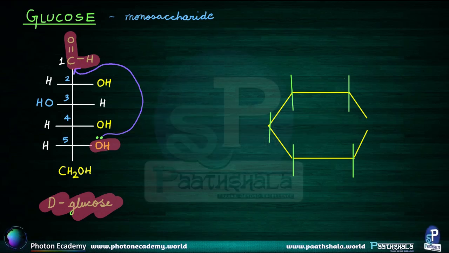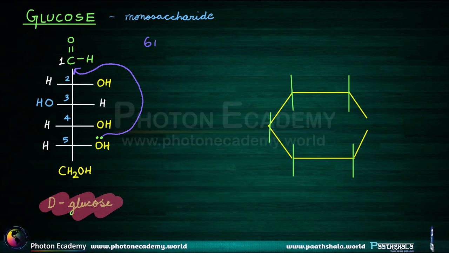Why am I not taking the lone pairs of the rest of the OH groups? Because if I take this particular lone pair and make it attack my aldehyde, I get a six-membered ring, and a six-membered ring is a very stable ring. Please remember that. So I'm looking out for a six-membered ring.